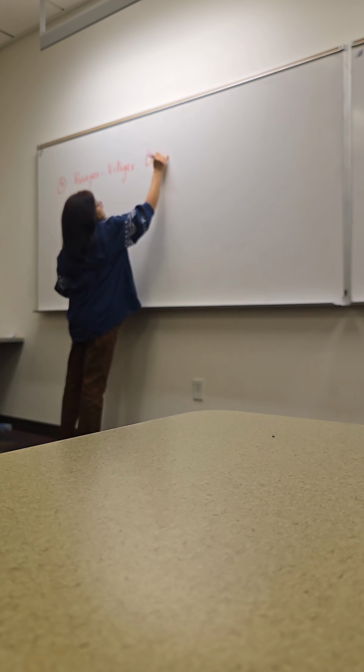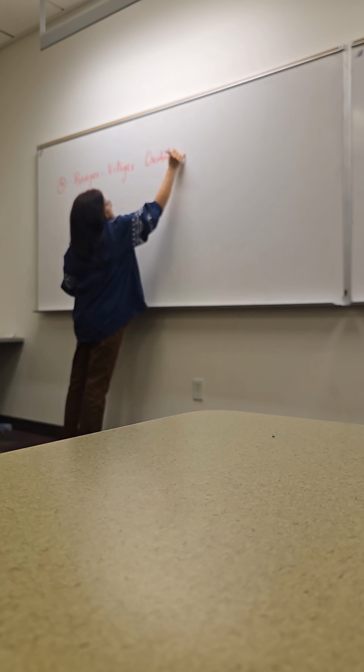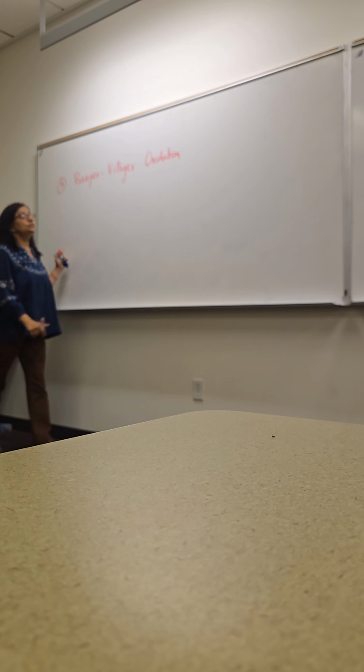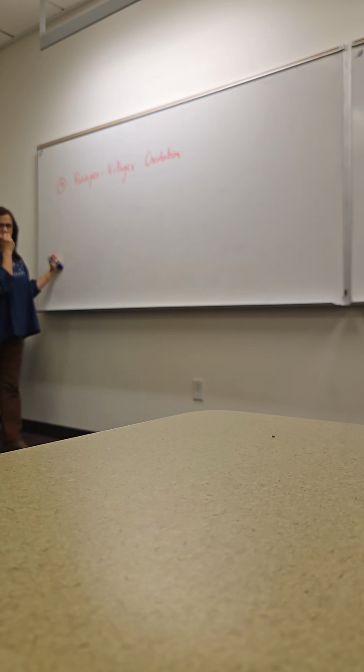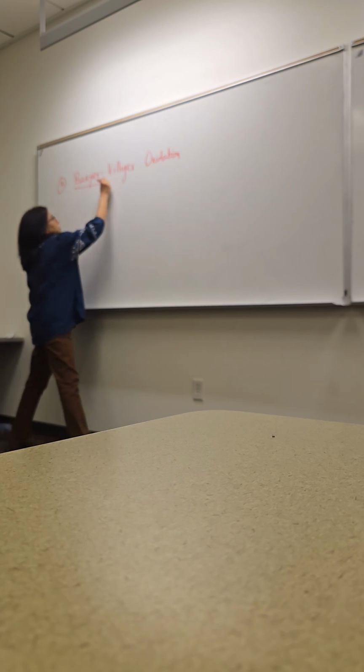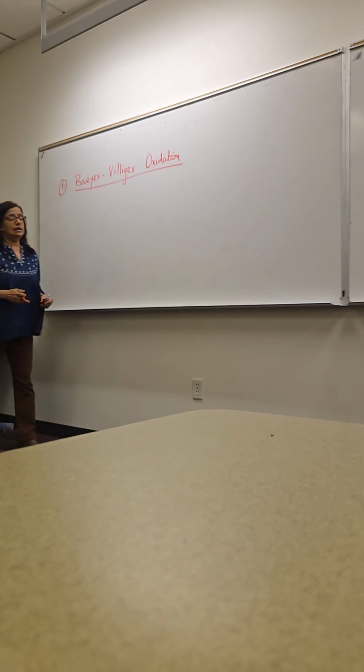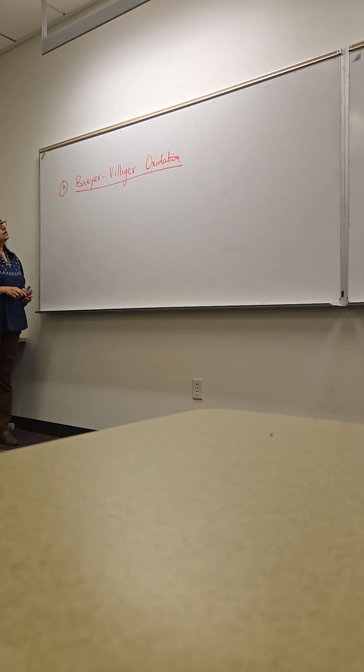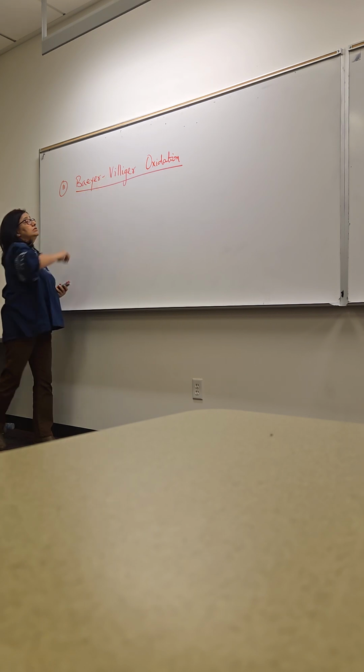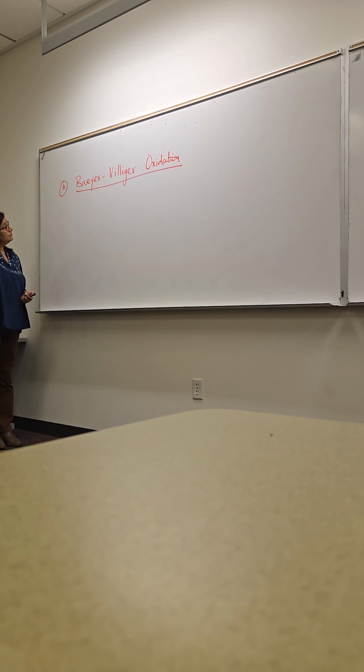Oxidation reaction of aldehydes and ketones. Oh, I forgot one more. That's not listed there. Does it make sense to do this before? Okay, well I wrote it and you guys wrote it, so we should go with it.